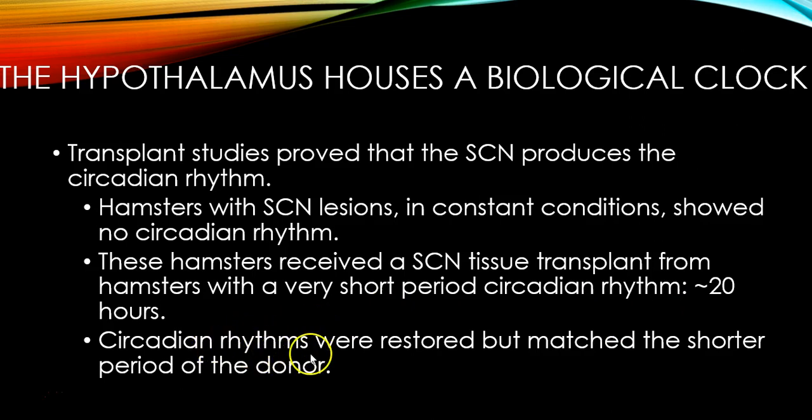The circadian rhythms in those hamsters were restored, but they matched the shorter 20-hour cycle from the donor. So these cells from the suprachiasmatic nucleus seem to be extremely important for providing the circadian rhythm.